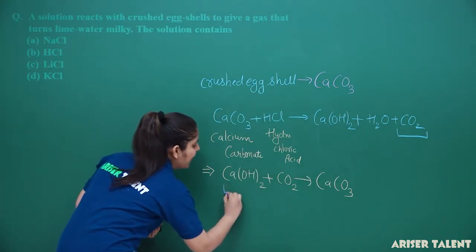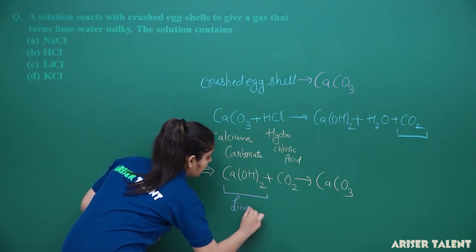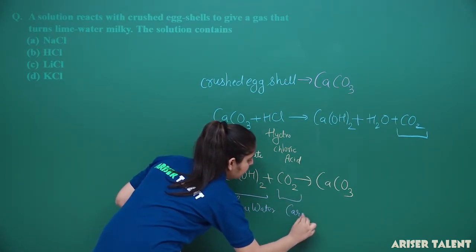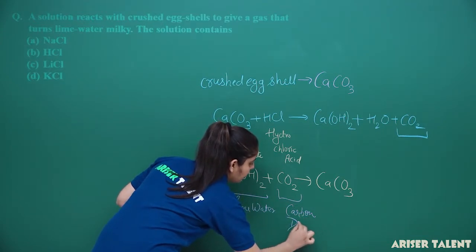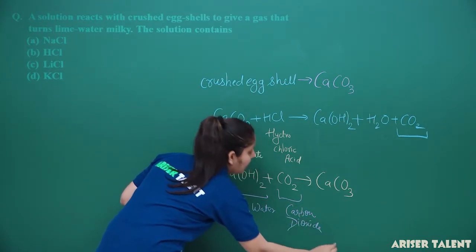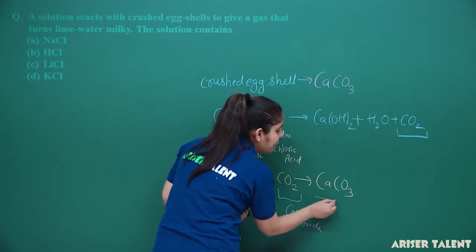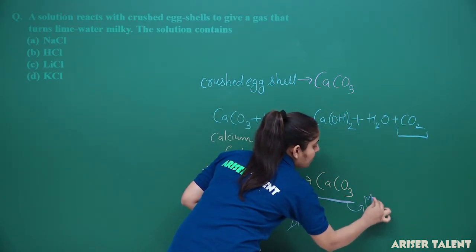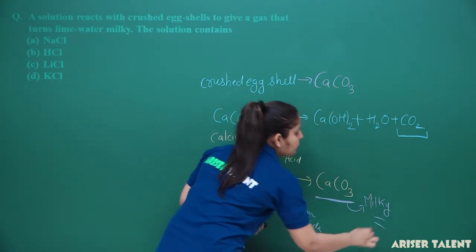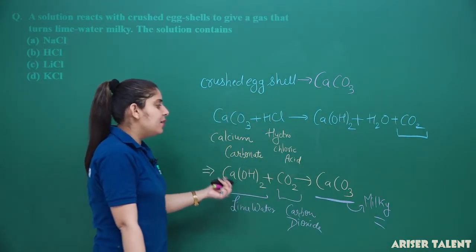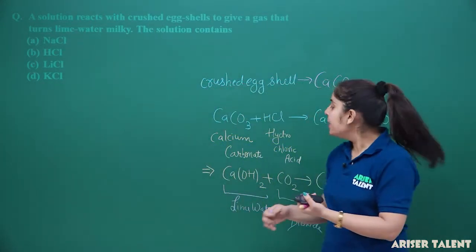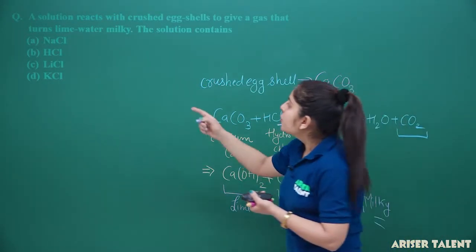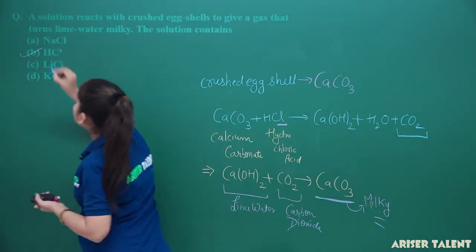This is our lime water, this is carbon dioxide gas, and the product obtained on the right hand side of the equation, that is calcium carbonate, is basically milky in appearance. So the carbon dioxide gas is turning lime water milky, and the reaction will take place only in the presence of hydrochloric acid. So, the correct option here will be option B.